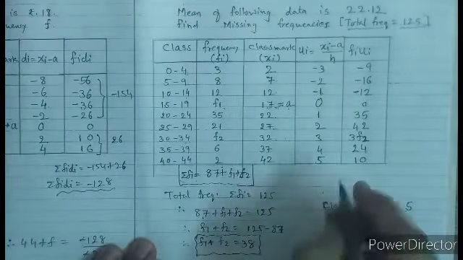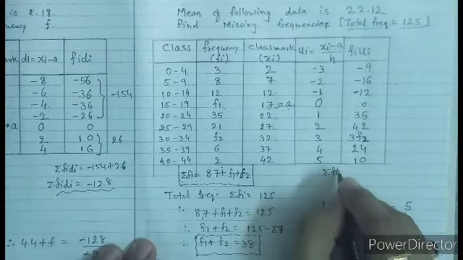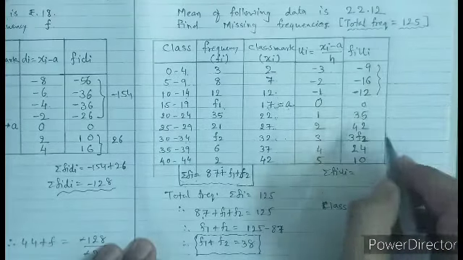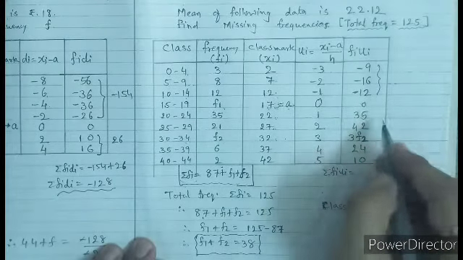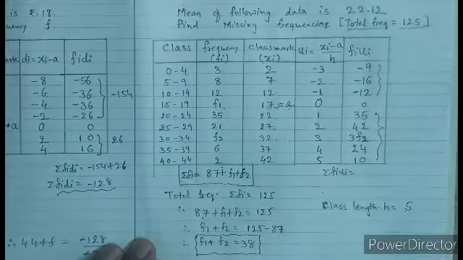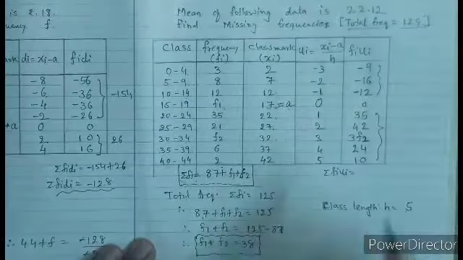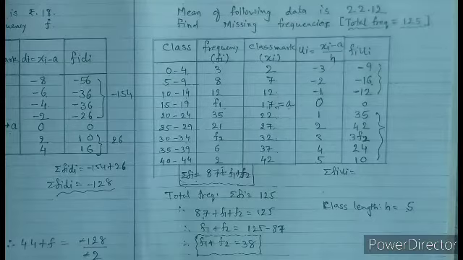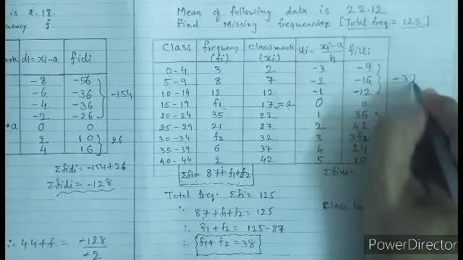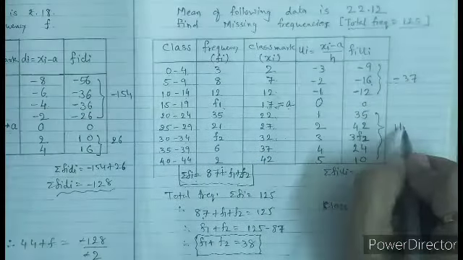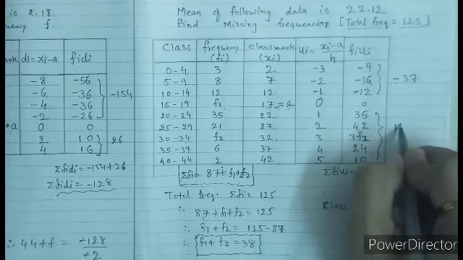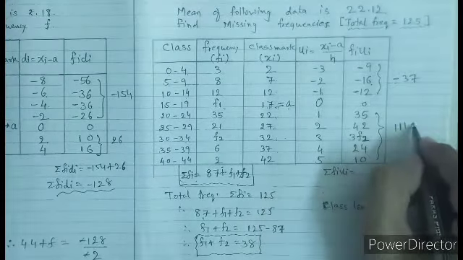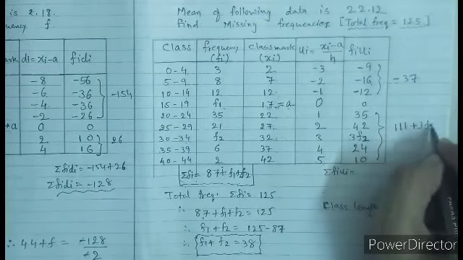Now we have to get sigma fi ui. We know that sigma is the sum of all the fi ui. For that, first of all, we will take the sum of all negative terms and the sum of all positive terms. Here the negative terms are minus 9, minus 16 and minus 12. Their sum is minus 37. And the sum of all the positive terms is 111, and this is plus 3f2.